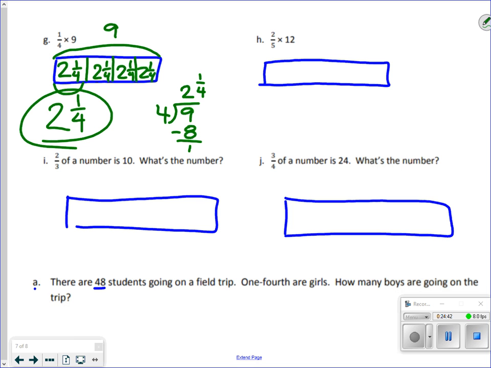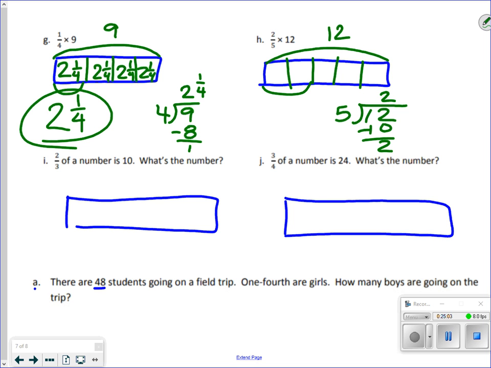2/5 of 12. So I'm going to do 5 sections of 12. And they want to know what are 2 sections of it. So 5 into 12. 5 goes into 12 2 times. 2 and 2 fifths. So each unit is 2 and 2 fifths.